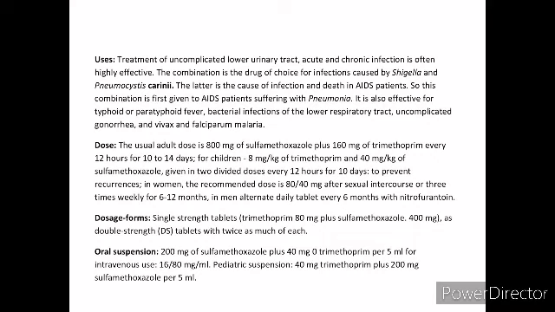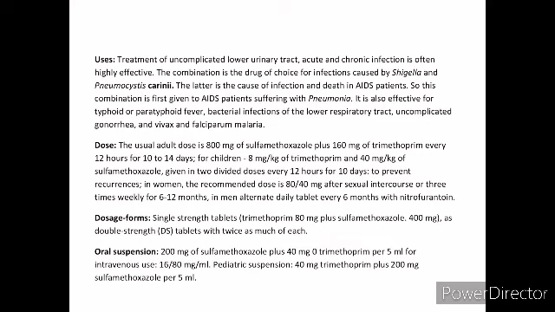So this combination is first given to AIDS patients suffering from pneumonia. It's also effective for typhoid and paratyphoid fever, bacterial infection of the lower respiratory tract, and also uncomplicated gonorrhea, vivax and falciparum malaria.